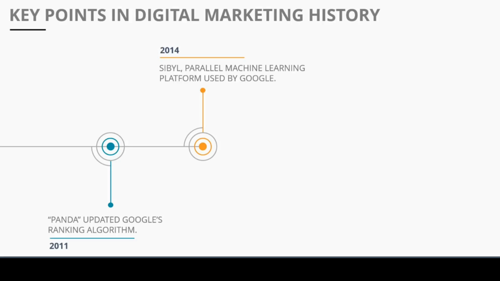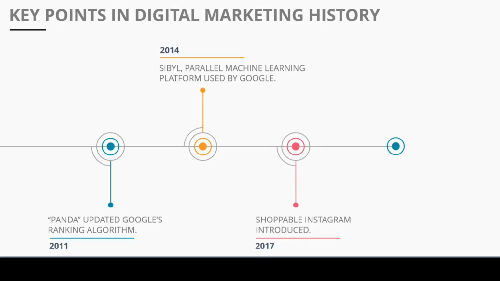So it enables things to be done much quicker. Think about all the different data that Google is receiving and feeding to these machine learning tools. And then we close off, still a few years ago, with 2017, when shoppable Instagram was introduced.